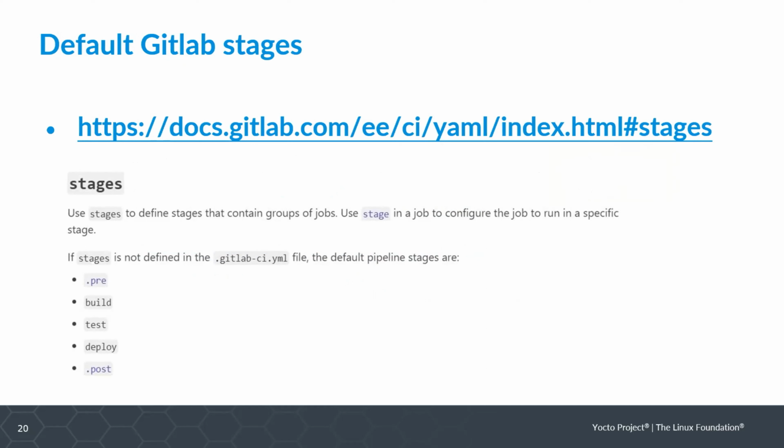But since we're doing embedded development here, the host machine isn't the same architecture as our embedded machine. So the stages that I showed are actually reversed, where we'll do a build and then we'll deploy to the target architecture, and we'll actually be testing on the target architecture.